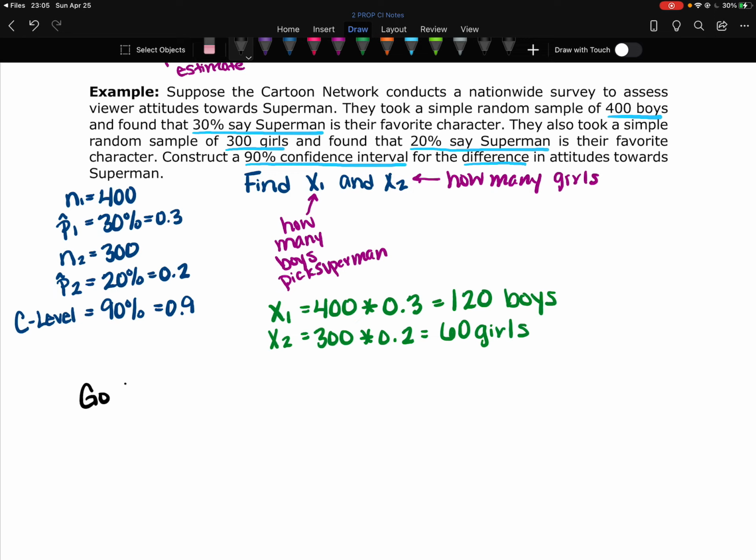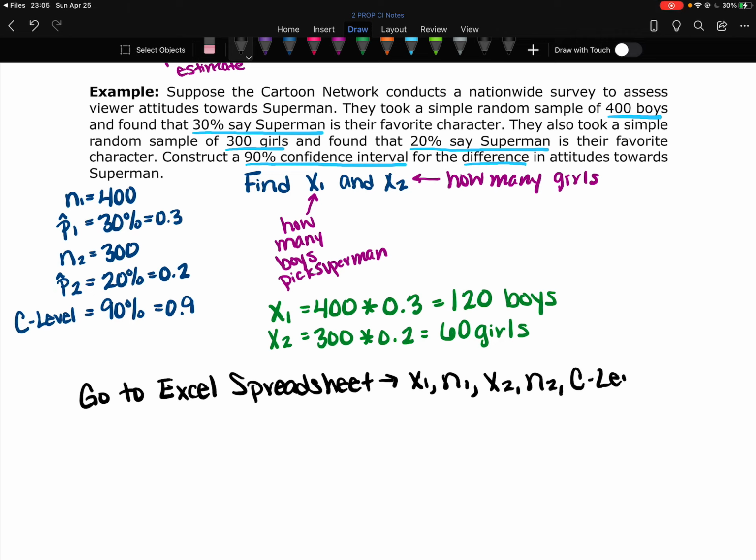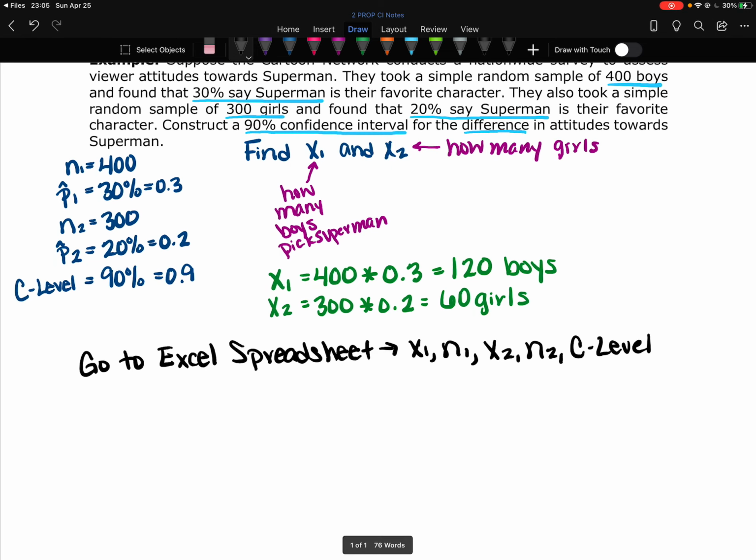So now at this point, I'm going to go to the Excel spreadsheet, and we're going to plug in x1, n1, x2, n2, and our confidence level.